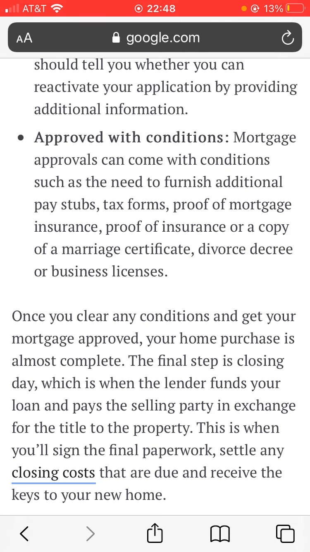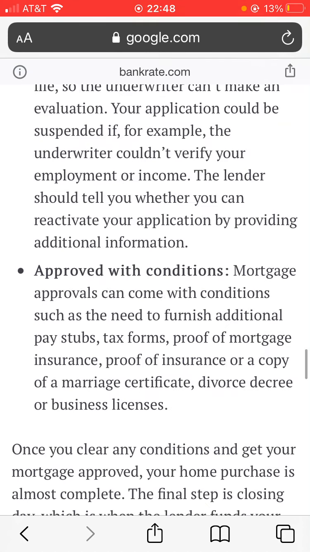Not to say that there aren't other ways to purchase a home besides the retail market, or MLS, multiple listing service. There are other ways to buy a home, but say you found the community, you found the home that you want to live in.